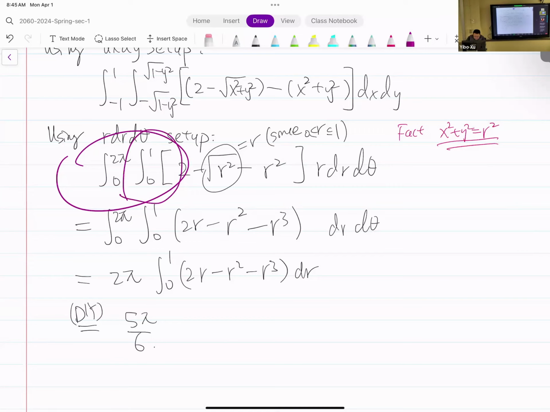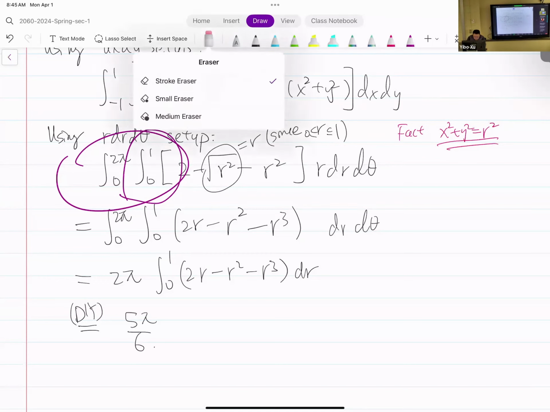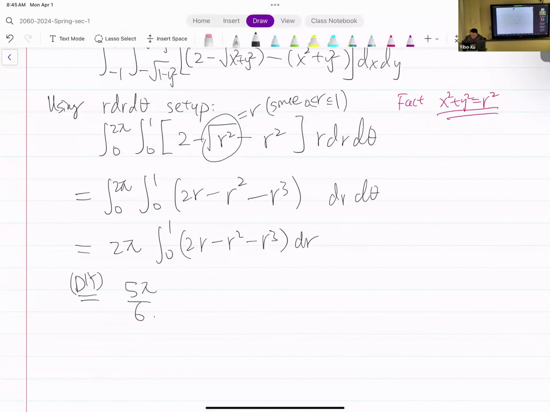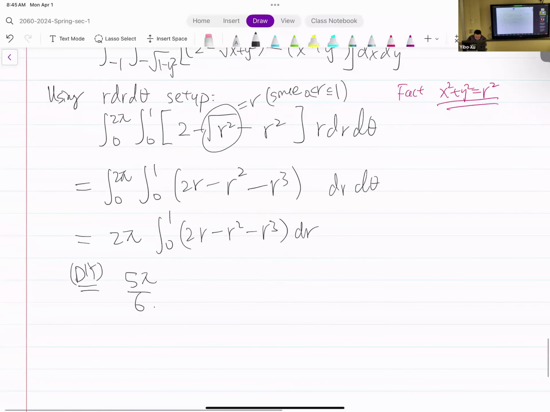That's just a quick extension for more general polar regions. If you want to look at more examples, you can look at certain examples from the textbook. But here we're just going to jump into triple integrals. Later we will see more examples in terms of cylindrical and spherical coordinates.